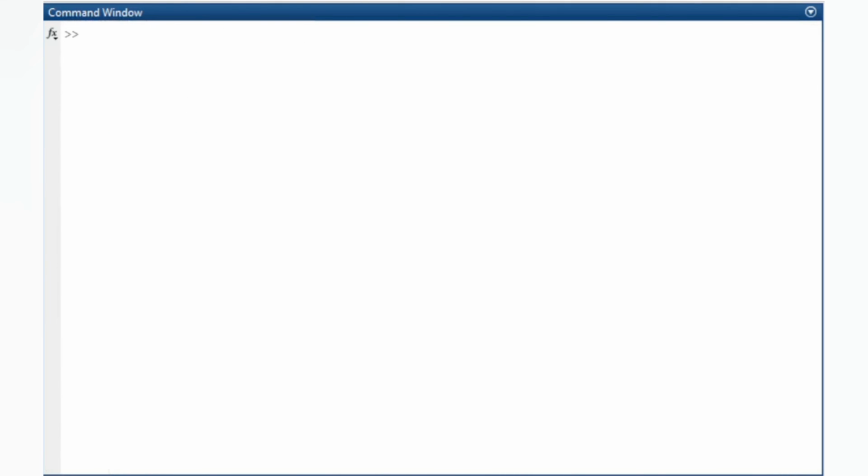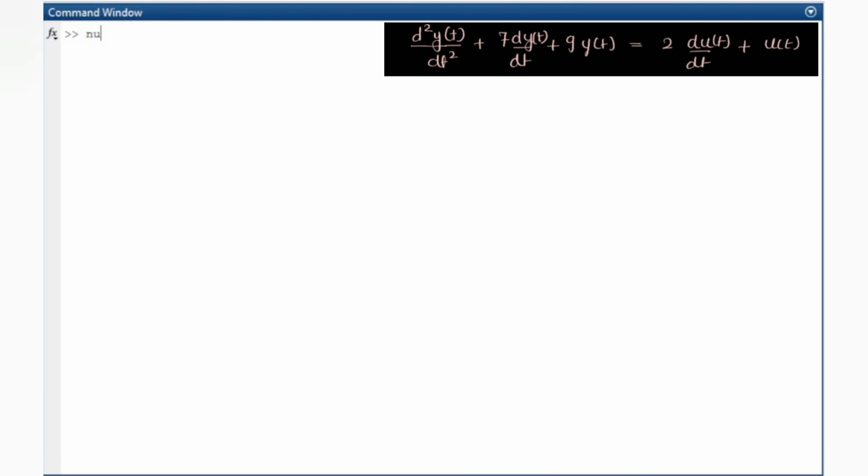Okay, now the coefficients in the right side of the equation, we'll take it as numerator. Okay, so what were the coefficients? 0, 2 and 1.